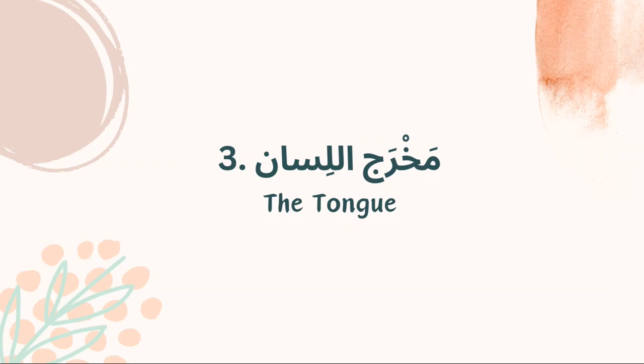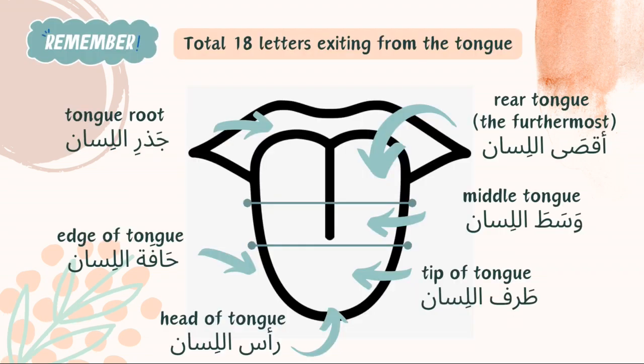We previously mentioned how the scholars divided the general tongue exit. Let us see and remember. Here, this is the tongue root, where the tongue is attached in the mouth, and then the tongue is divided into 3 parts.